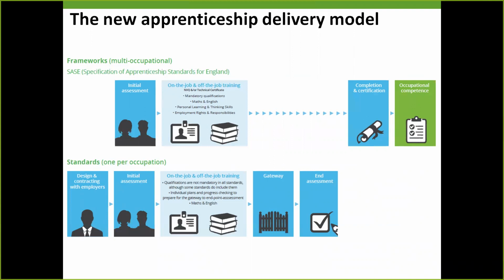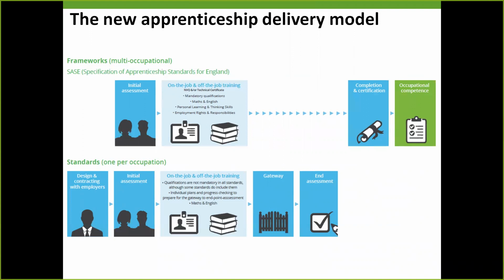Once that learner has been deemed as eligible for gateway, they would move into an independent endpoint assessment, and we're going to cover a little bit about endpoint shortly. So essentially, what has changed? I think one of the significant elements is this independent endpoint assessment, which happens at the end of the teaching and learning period.